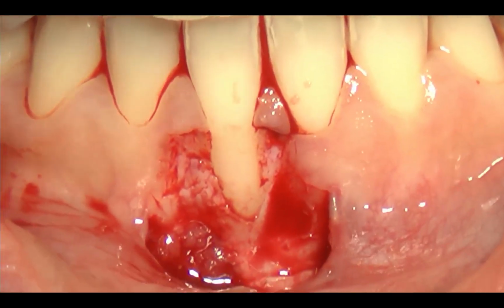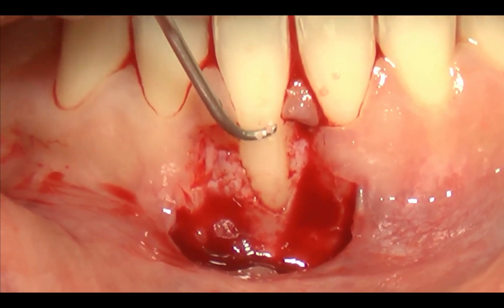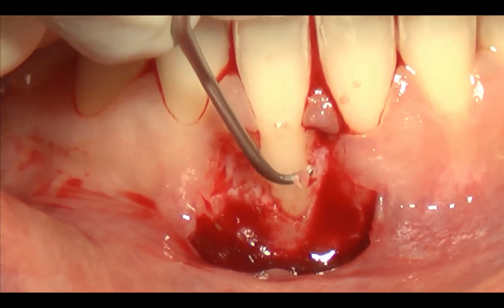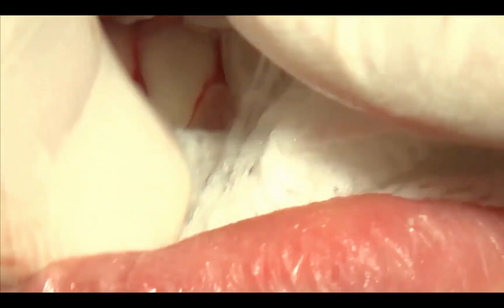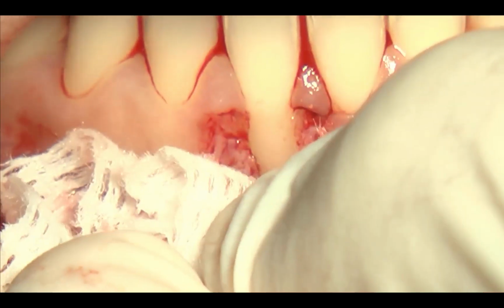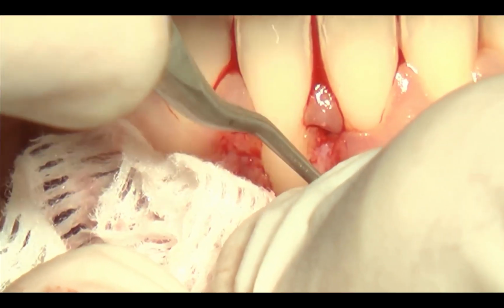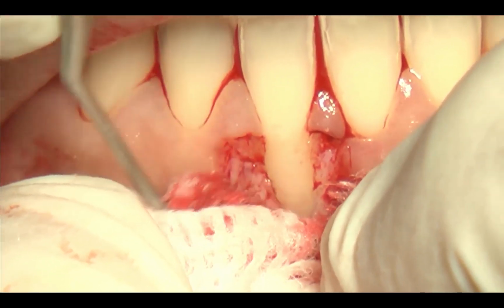You see that now bleeding has almost completely stopped. You continue your compression with the gauze in order to isolate the root and make root planing in a very comfortable way.